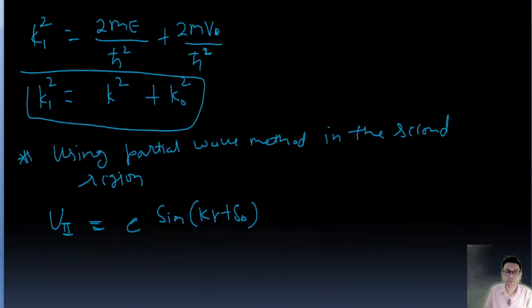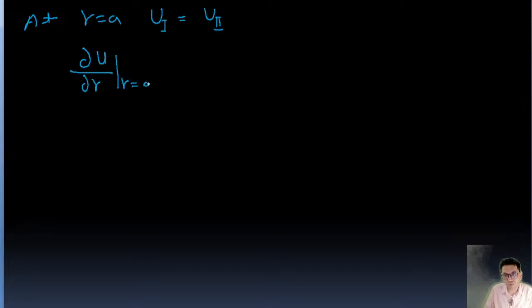Well, this is the u second. Now we'll use boundary conditions at r equal to a. u1 is going to be equal to u2, and similarly del u upon del r at r equal to a, these boundary conditions I have already explained.